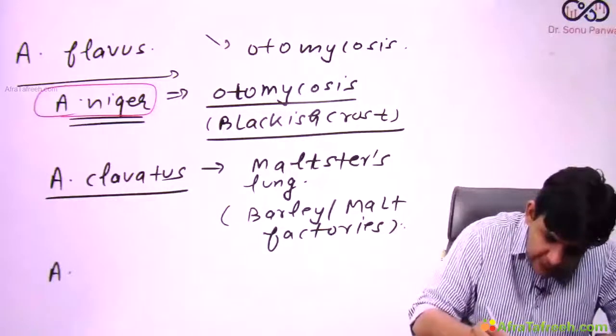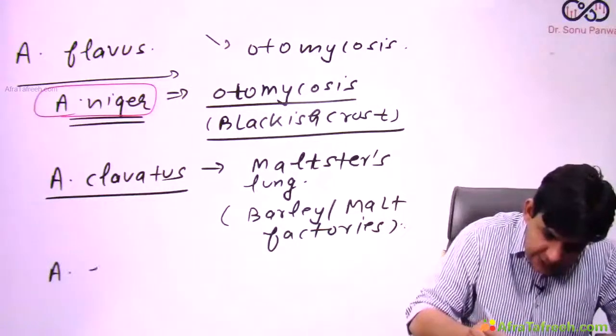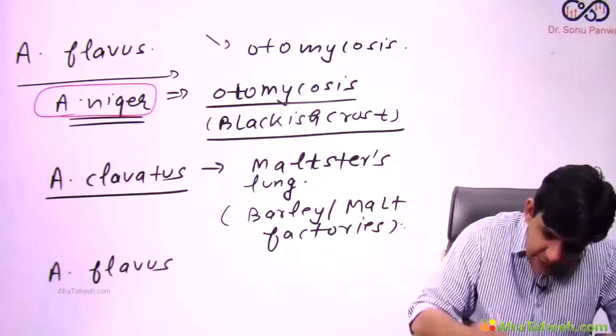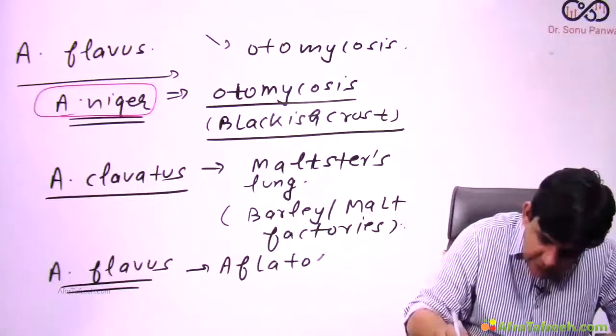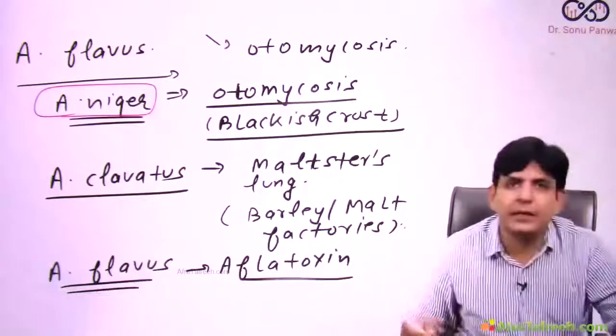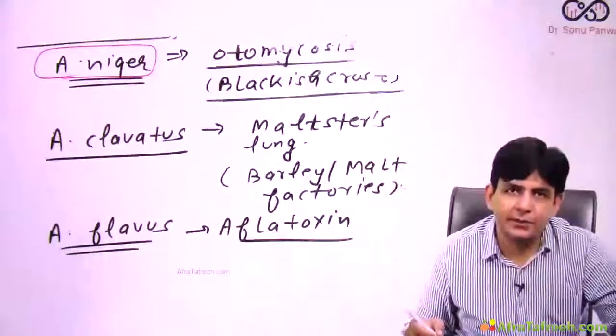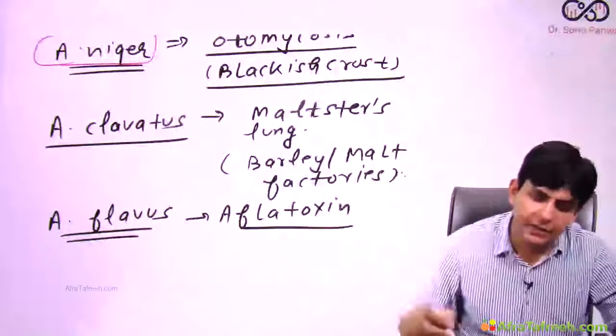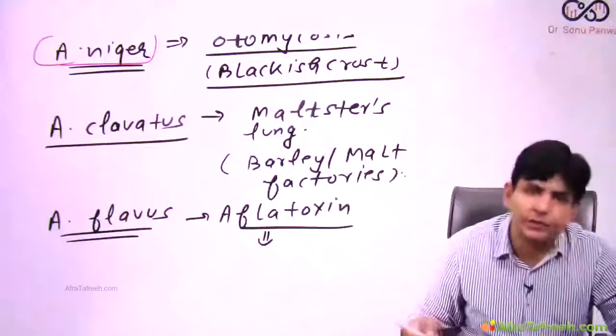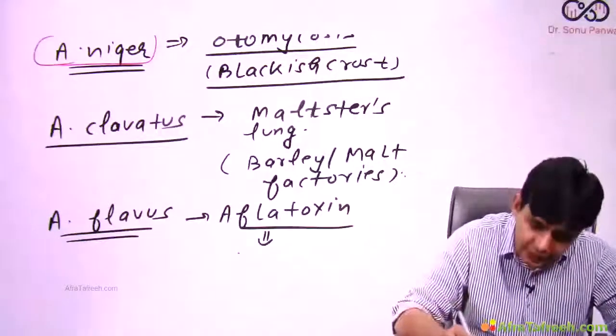And then you have this one, that is Aspergillus flavus. And Aspergillus flavus, you remember, leads to the secretion of this particular toxin termed aflatoxin. This toxin relates with what?